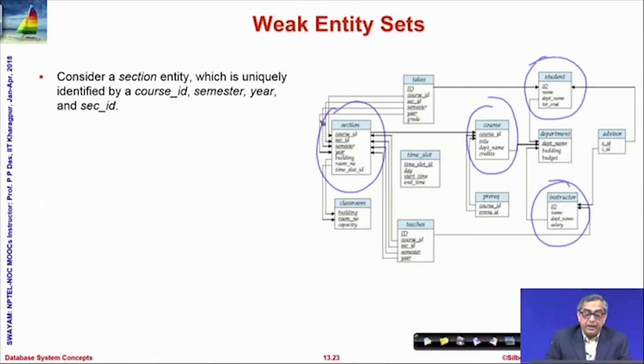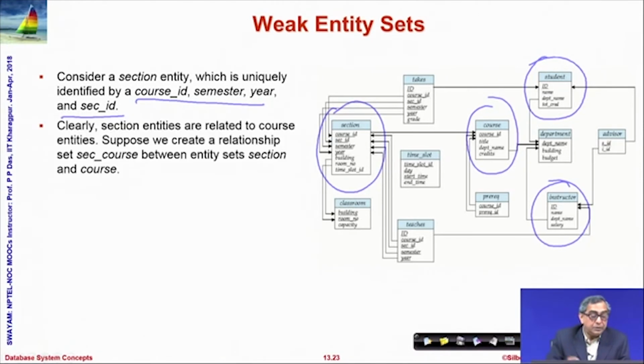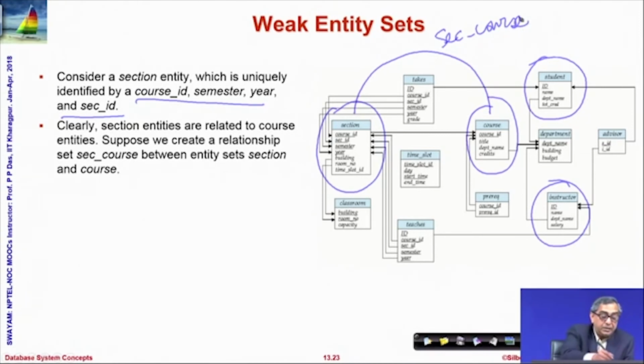Now, consider this section entity. If you look into this, this is what we maintained: course ID, semester, year and section ID. But if you look specifically, you know that there is a section and there is a course. So, you may want to relate these two, section with the course, and set up a relationship between them.